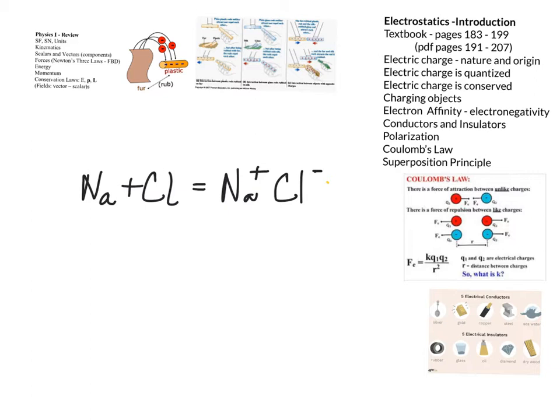So if you've studied this in chemistry, sodium has one outer electron that's easily removed, and chlorine has a strong affinity for electrons. And so chlorine, under certain chemical conditions, will pull an electron off of the sodium, leaving the sodium positive and the chlorine negative, and then they bond together by this electrostatic attraction, which in chemistry is called an ionic bond.